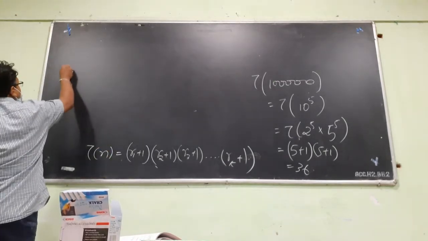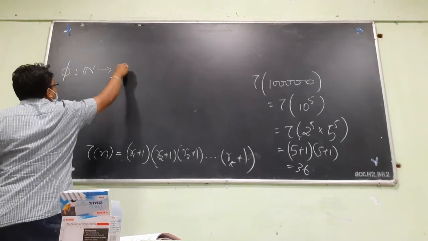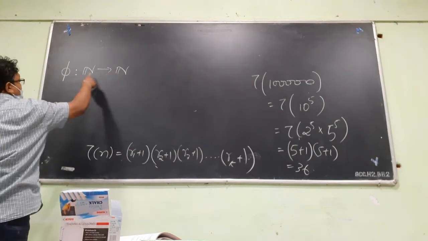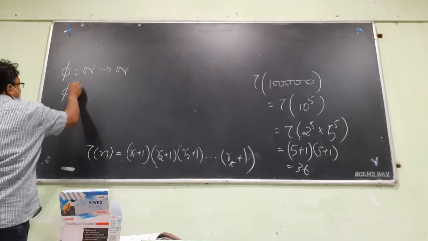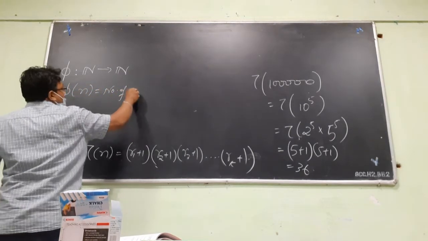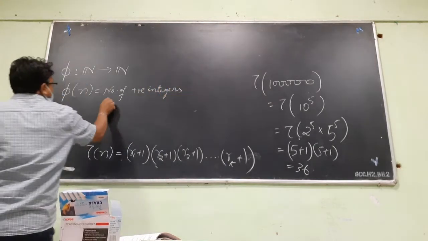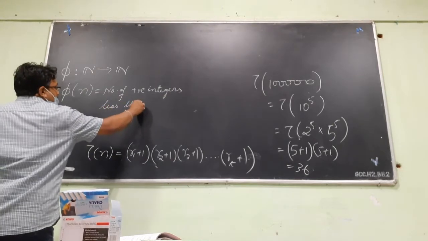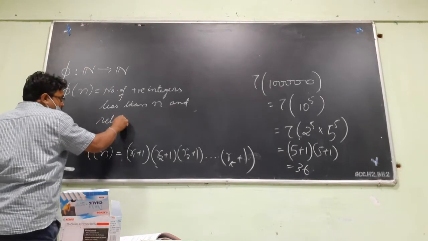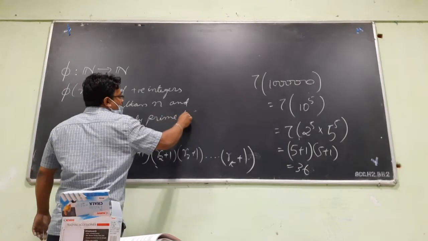What is the function phi? Phi is also a number theoretic function. Phi is a function from N to N. It is defined as phi of n equal to the number of positive integers less than n and relatively prime to n.